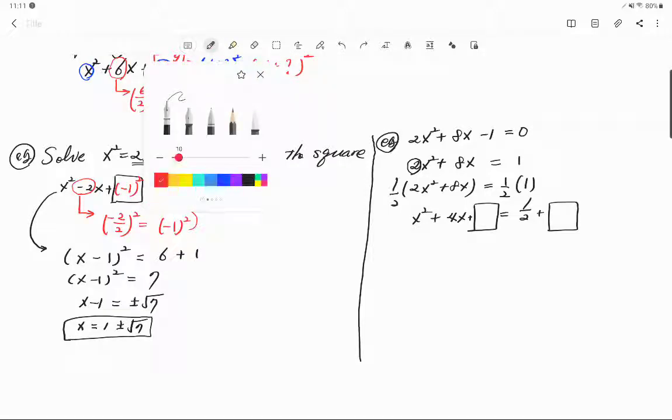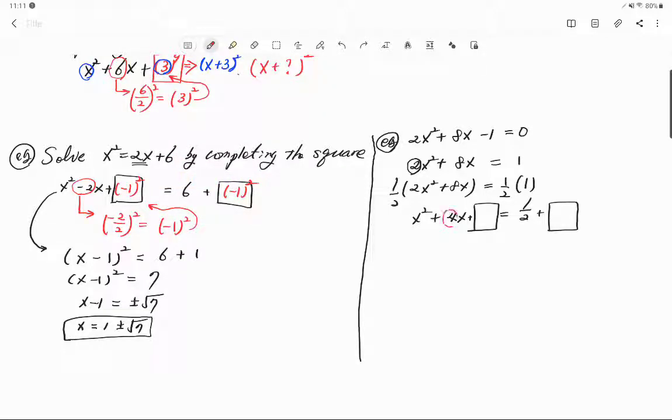Half the coefficient, so 4/2, and square it. So that is 2 squared. So this one goes over here and over there. 2 squared goes here, 2 squared goes here.